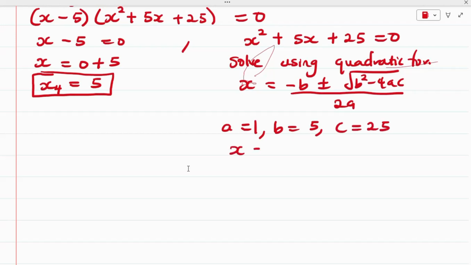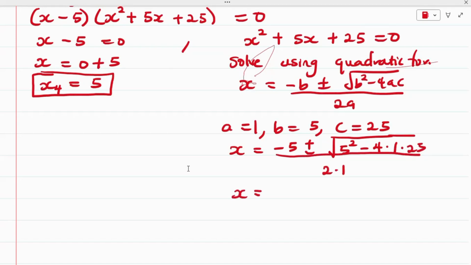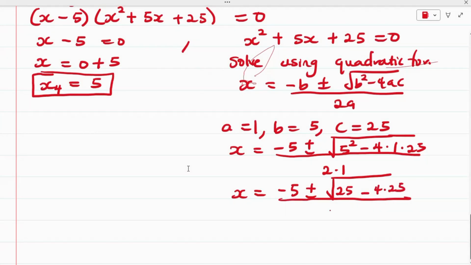So we have that x is equal to minus 5 plus or minus the square root of b square, which is 5 square, minus 4 multiply a, which is 1, multiply c, which is 25, all over 2 multiply 1. So x is equal to minus 5 plus or minus the square root of 5 square is 25 minus 4 multiply 25, over 2.